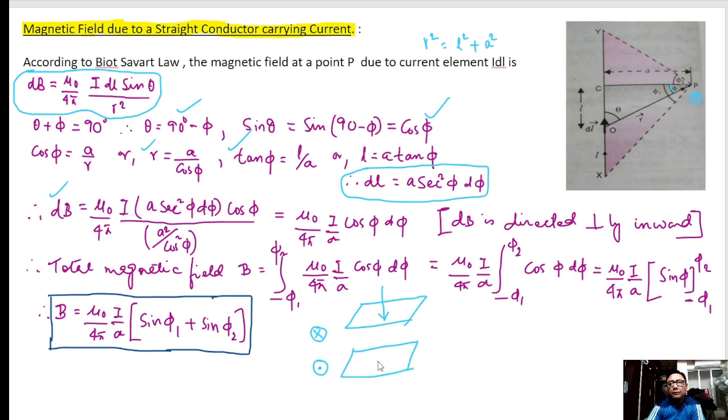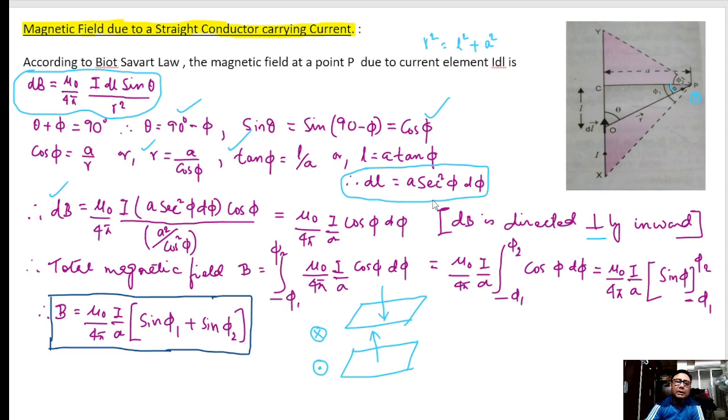Since we are using the right hand screw rule, the current is going up, so the magnetic field according to the right hand screw rule will go perpendicularly into the paper. Clear? So that is why perpendicularly inward. This magnetic field is perpendicularly into the paper.